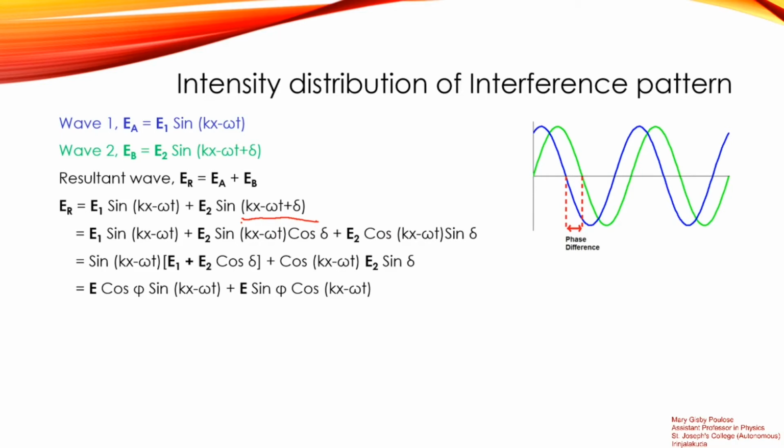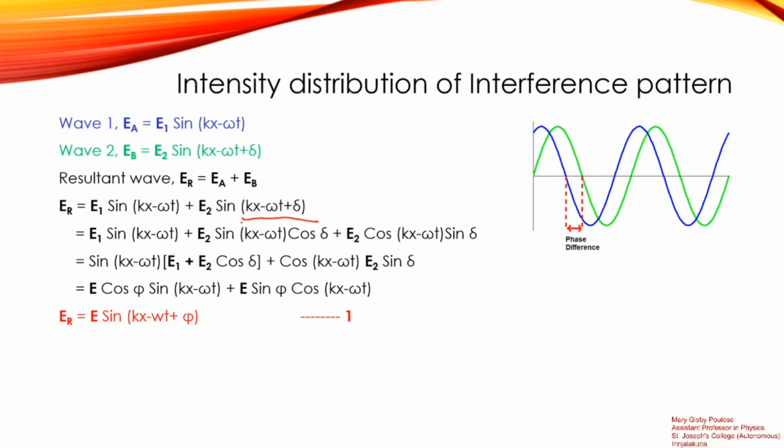Here, taking E as the common factor, we get the sin A cos B plus cos A sin B form, which can be reduced to E sine of kx minus omega t plus phi. Thus, we get the expression for the resultant wave as ER is equal to E sine of kx minus omega t plus phi. Here, E is the amplitude and phi is the phase.